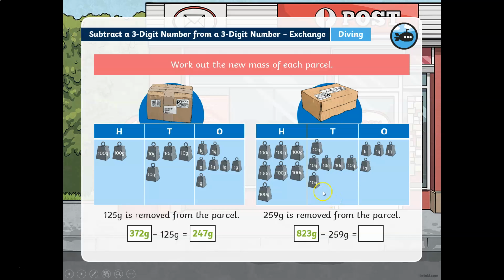Yes. And that will leave us 6. Now we have 7 hundreds. Can we take 2 from 7? Yes. And that leaves us 5. So your answer is 564 grams.